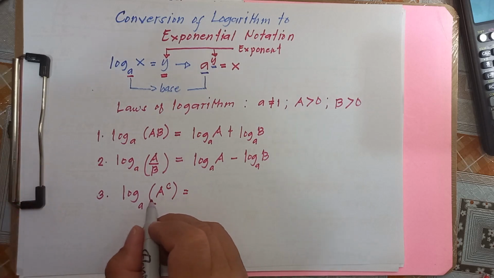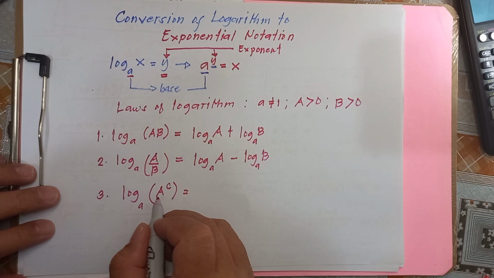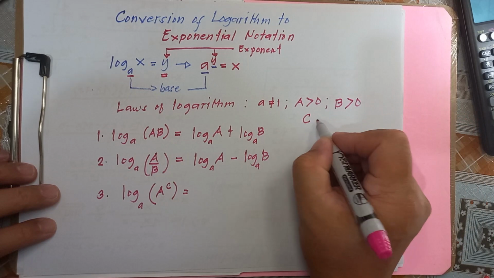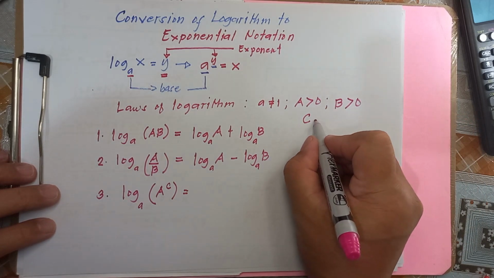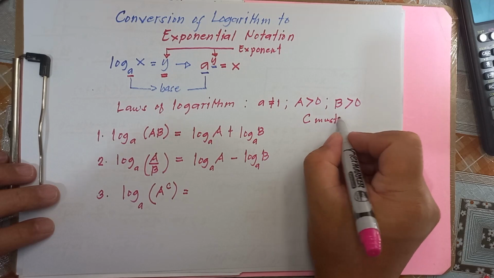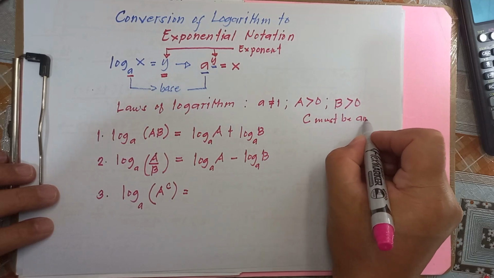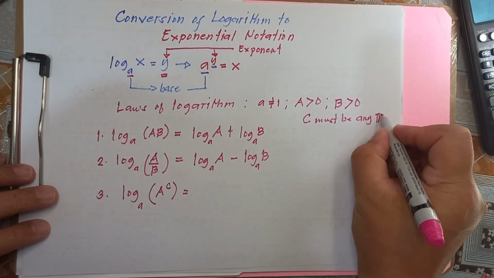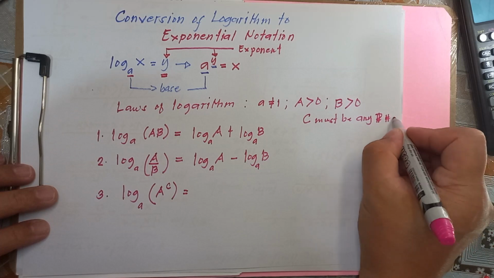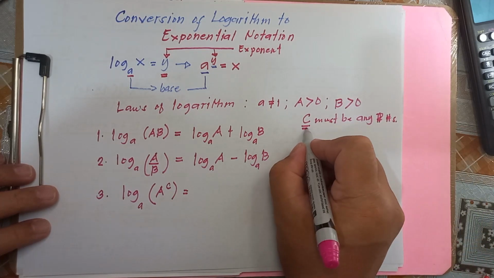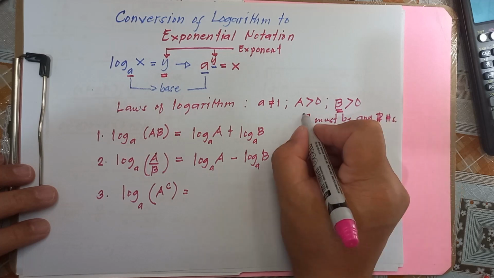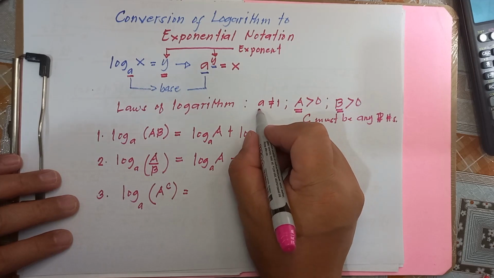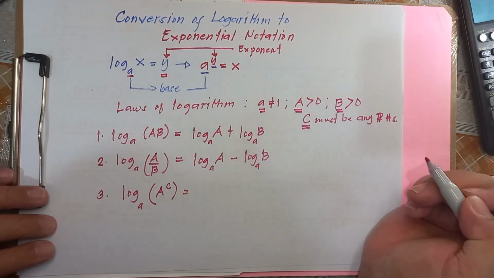Before we show it, we have to consider that c can be any real number. B must be greater than 0, A must be greater than 0, and the base a must not be equal to 1.